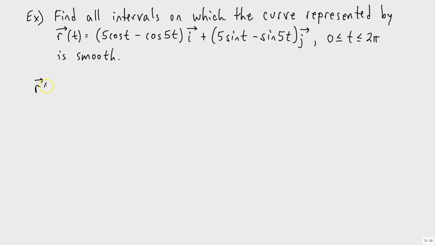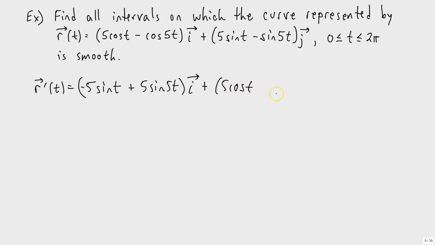So the derivative of this vector-valued function, well, that would be negative 5 sine t plus 5 sine 5t times i plus 5 cosine t minus 5 cosine 5t j.